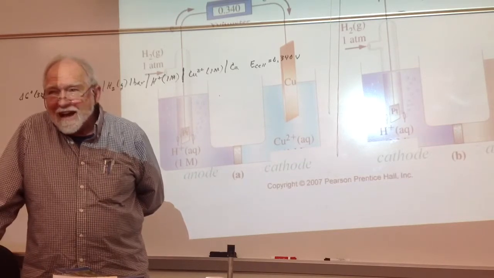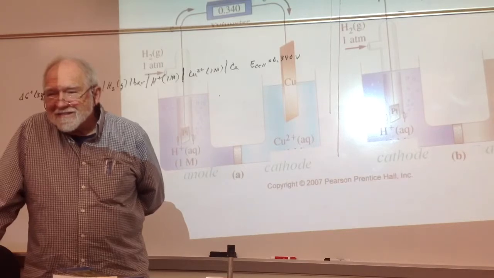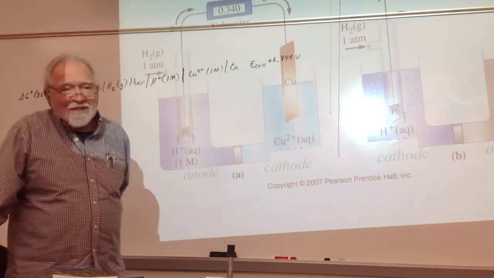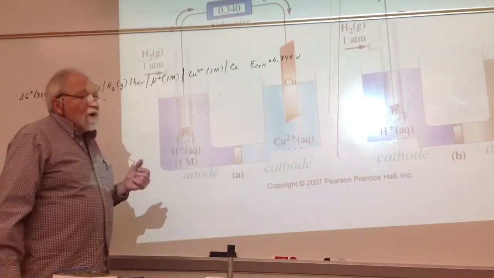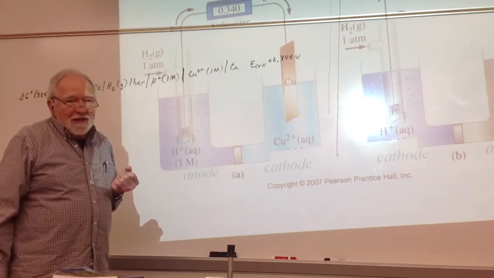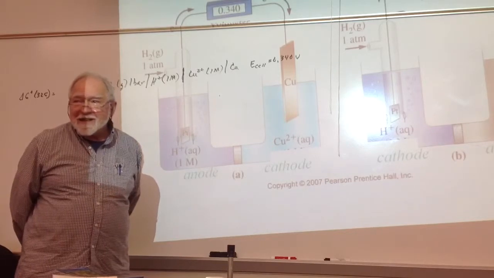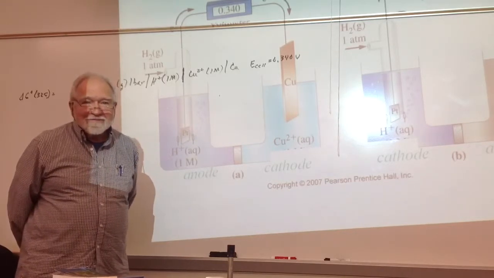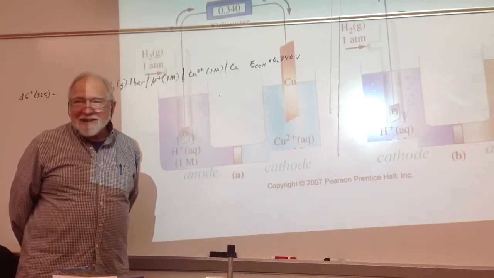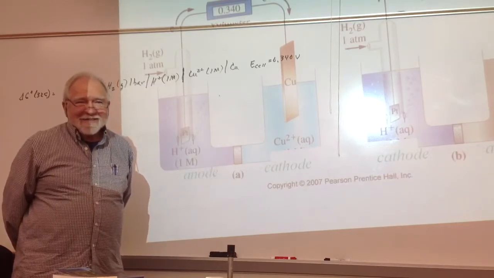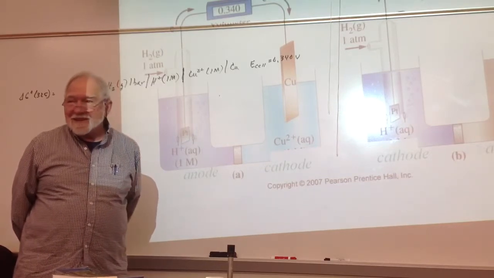Or what are the 2 half reactions? Whichever. Anyhow, first thing I'll point out to you, you know what the spontaneous reaction is. If you put copper in HCl, what happened when you did it in Chem 2? Nothing happened. Put copper in HCl, nothing happened.